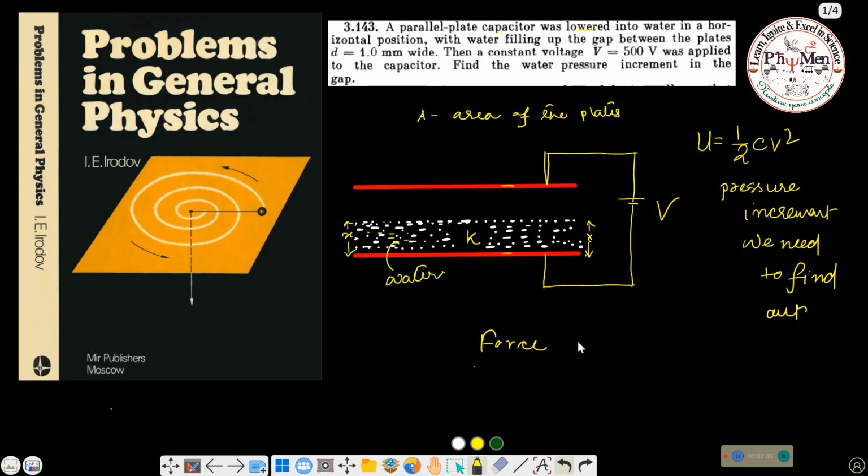Now how can we find out the force? Force is, we know, minus dU by dx. By using this equation we can find out the force if we know the potential energy of the parallel plate capacitor.